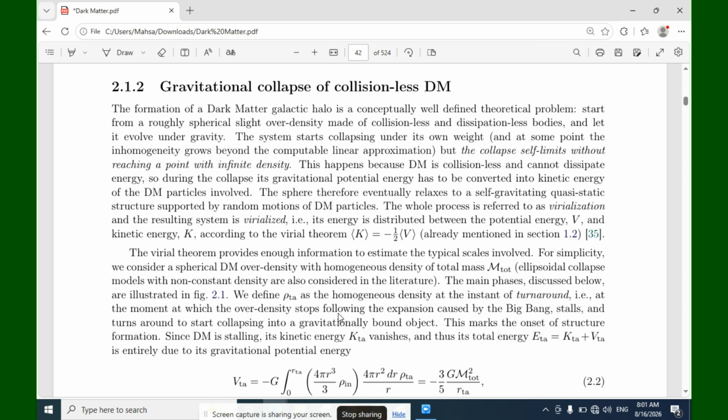The whole process is referred to as virialization, and the resulting system is virialized. For example, its energy is distributed between the potential energy V and kinetic energy K according to the virial theorem, K is equal to minus 1/2 V, already mentioned in the section.